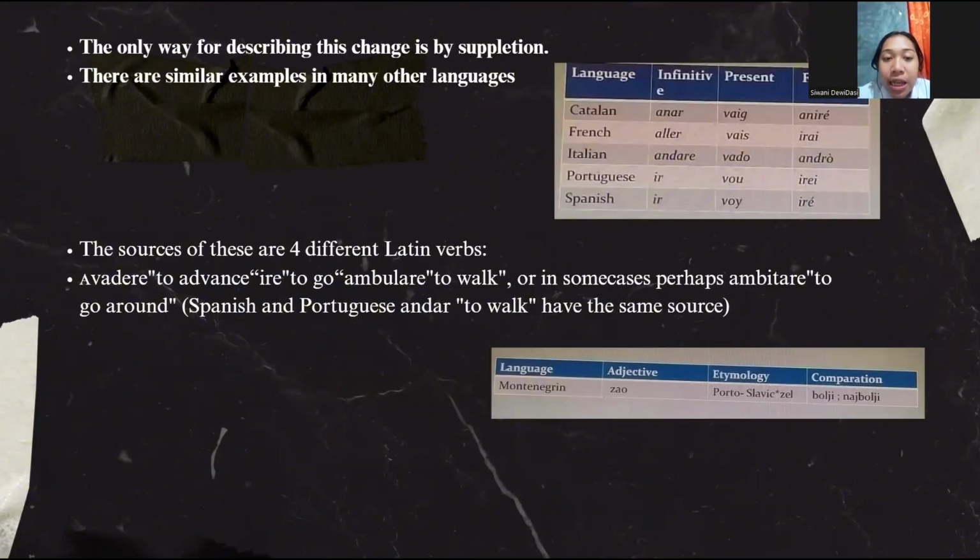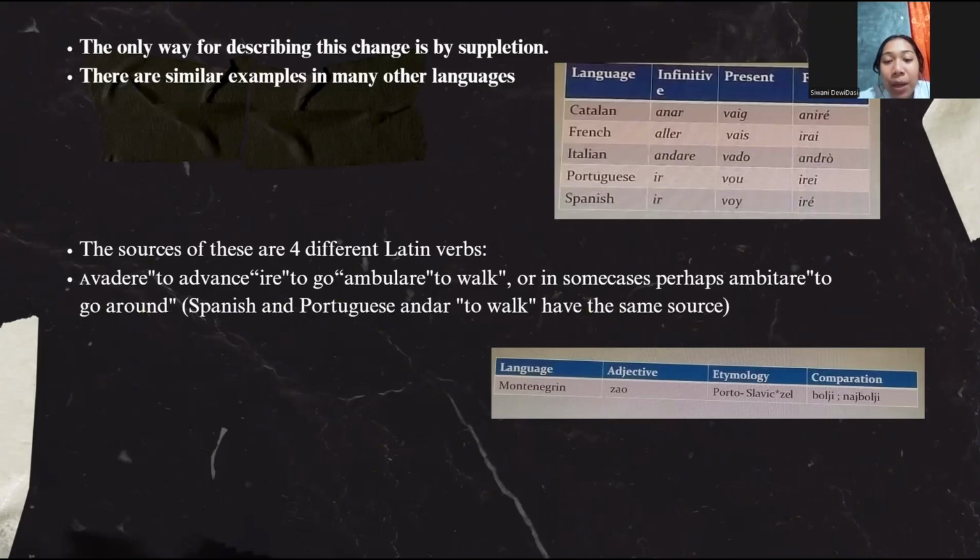All right. The only way of describing this change is by subtraction, and there are similar examples in many other languages. As you can see in the table, the languages are Catalan, French, Italian, Portuguese, and Spanish. The sources of these are four different Latin verbs: advenire, to advance, ire, to go, ambulare, to walk, or in some cases perhaps ambire, to go around.